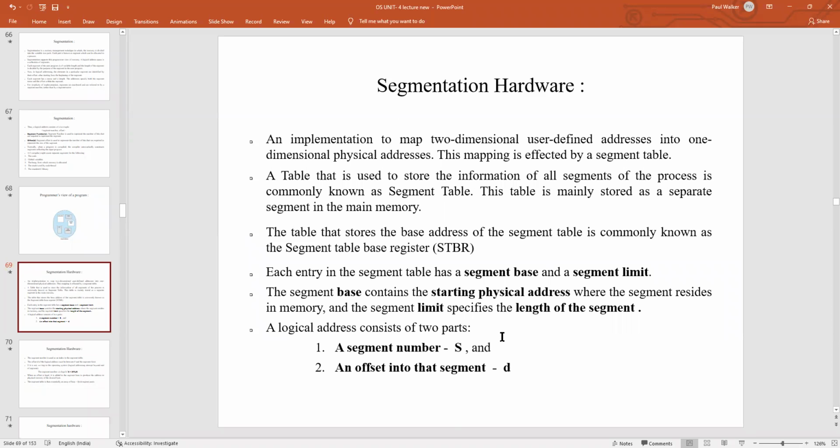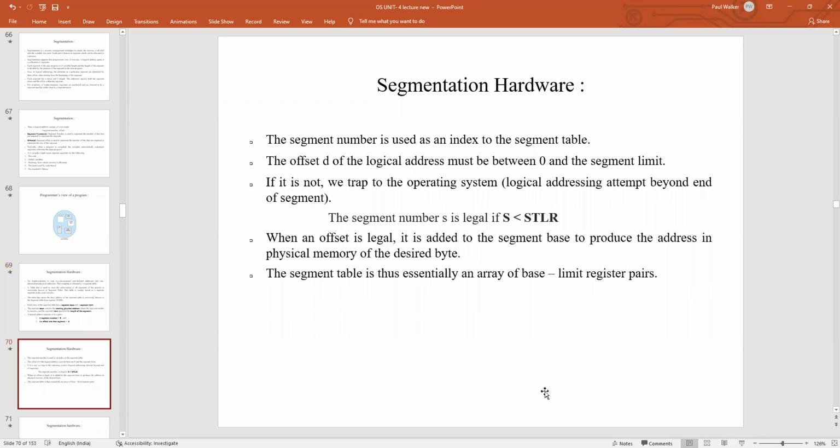The logical address here consists of two parts. One is a segment number and another one is an offset into the segment. Every time the segment number will have an index number which is a reference to the particular segment table. The segment number is legal or illegal. Legal means the offset is added to the segment base and it produces a correct address of the physical memory.